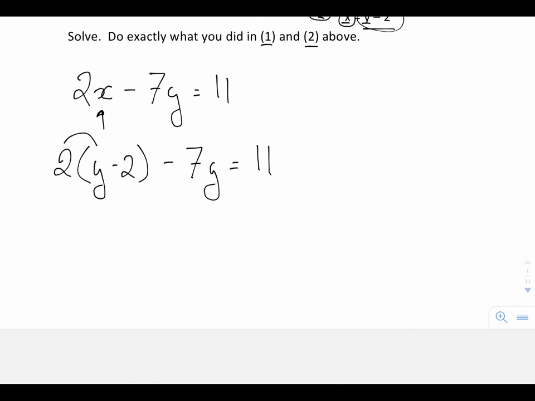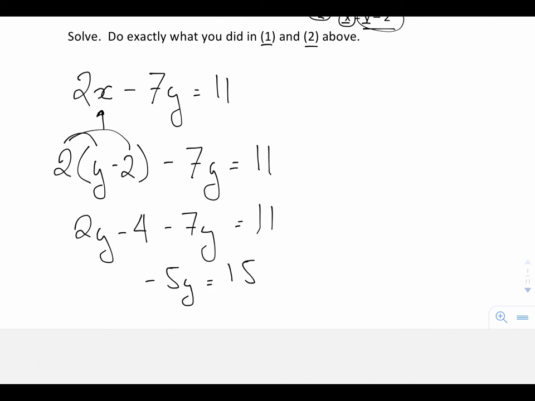Here I can just multiply the 2 in, so I have 2y minus 4 minus 7y equals 11, and then collect like terms. So here I'll get negative 5y equals 15, and if I do the math, divide both sides by negative 5, I get y is equal to negative 3.